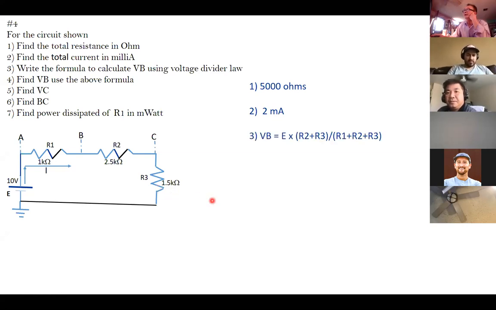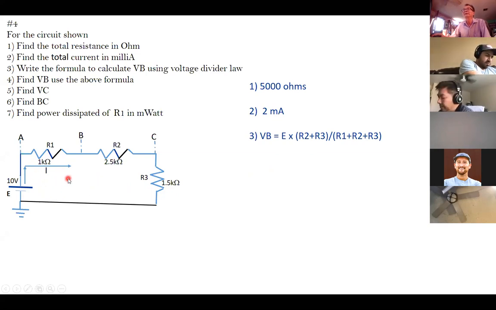Okay, now you see the formula. Voltage divider means you can take the voltage here times R2 plus R3, then you divide by R1 plus R2 plus R3. The thing is, when you use the voltage divider, you don't have to calculate the current.